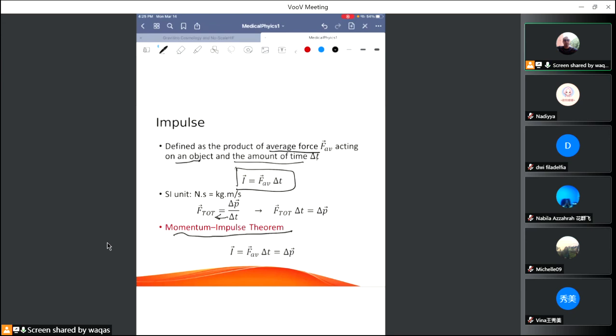The impulse is equal to the change in momentum, because you know this is the total force divided by delta t, and from this definition the average force in delta t is basically impulse. So we can say that impulse is equal to change in momentum. This is the momentum impulse theorem.